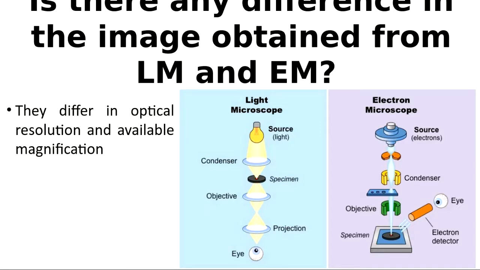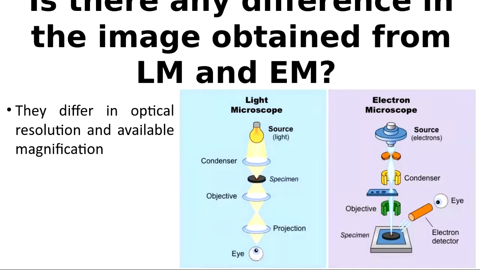Okay, is there any difference in the image obtained between light microscope and electron microscope? Yes, they differ in optical resolution and available magnification. We may ask in the exam what is the difference in image obtained between light and electron microscope.